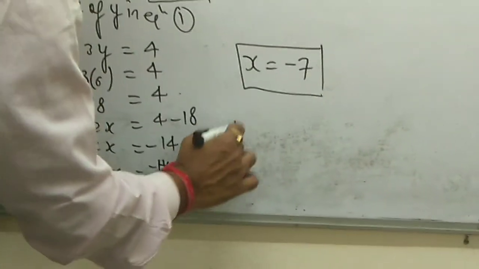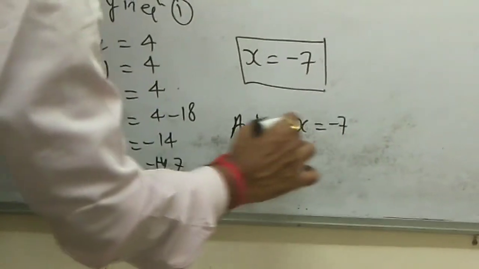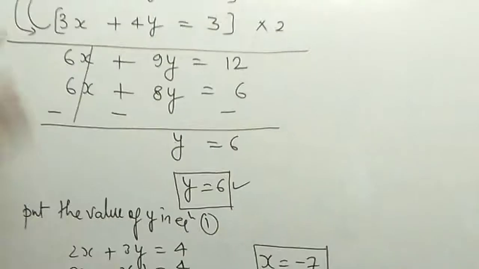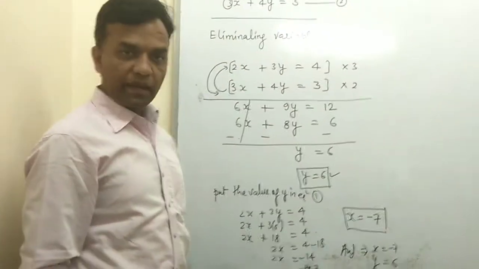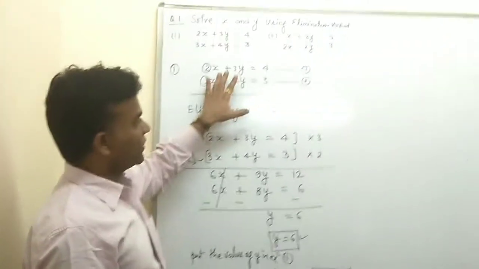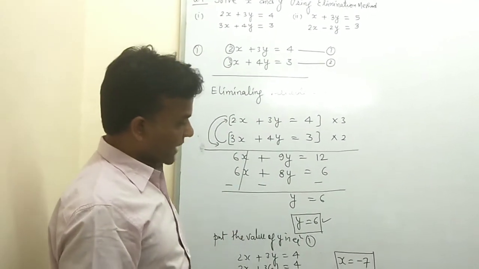Very simple. Your answers are x equal to minus 7 and y equal to 6. Now if you also want to check whether your answer is right or wrong, you put both values of x and y in the first equation or the second equation, and check whether your answer is right.